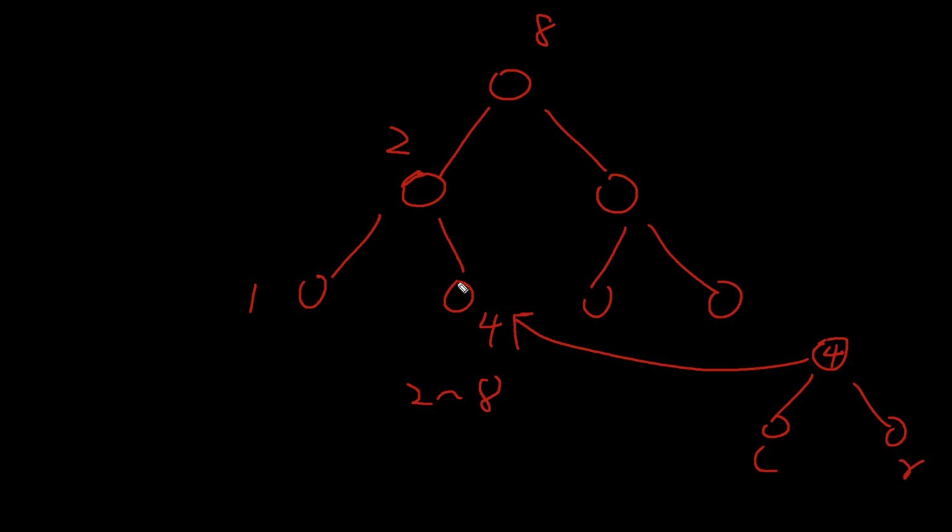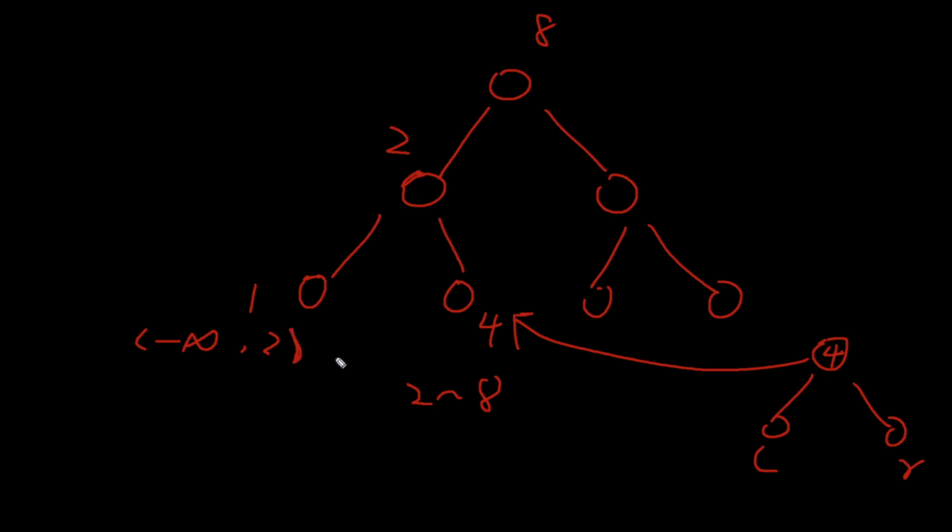As you can see, this 4 is within the range between 2 and 8. Similarly for this one, it's negative infinity to 2. And how about this node? It's 1. Sorry, this leaf node is not, it's not a leaf node.